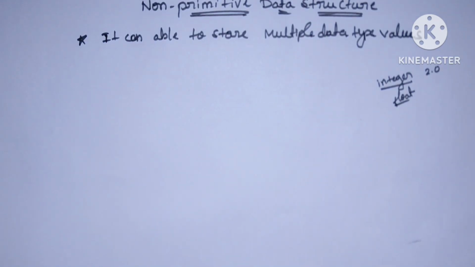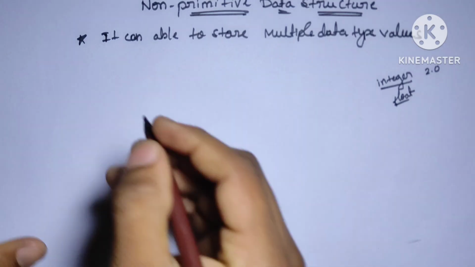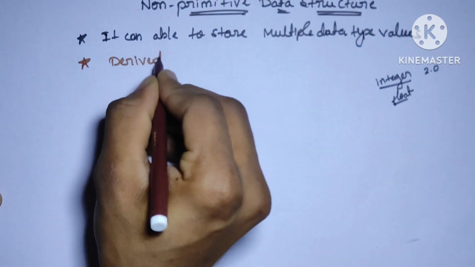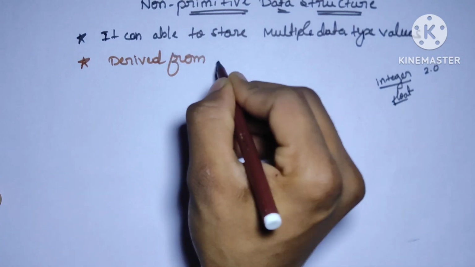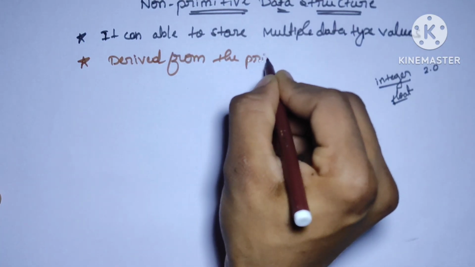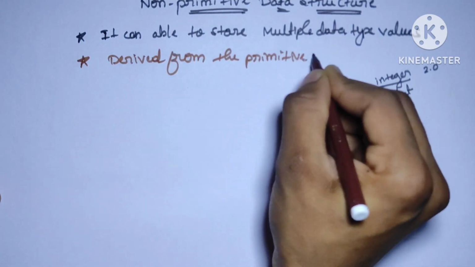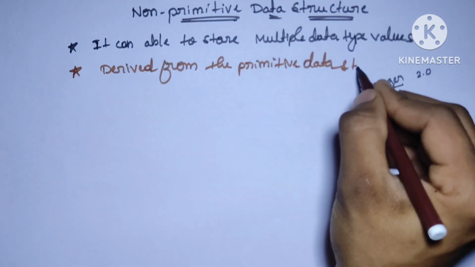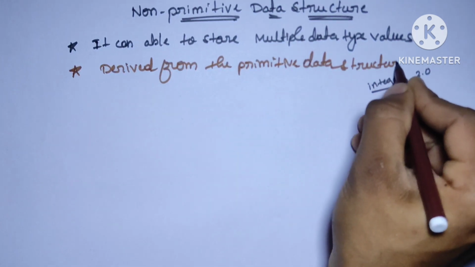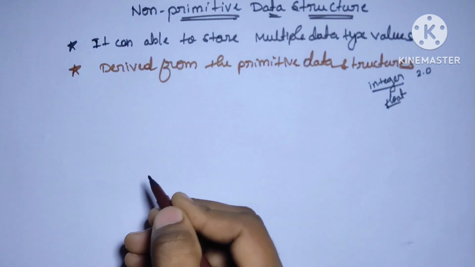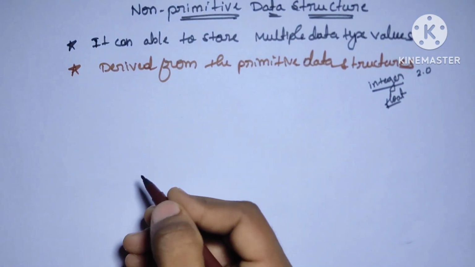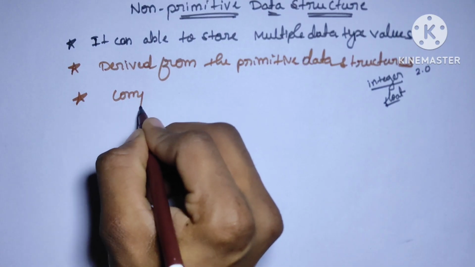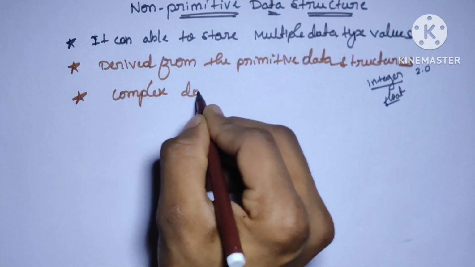The non-primitive data structures are all derived from the primitive data structures. And compared to the primitive data structures, non-primitive data structures are complex data structures.